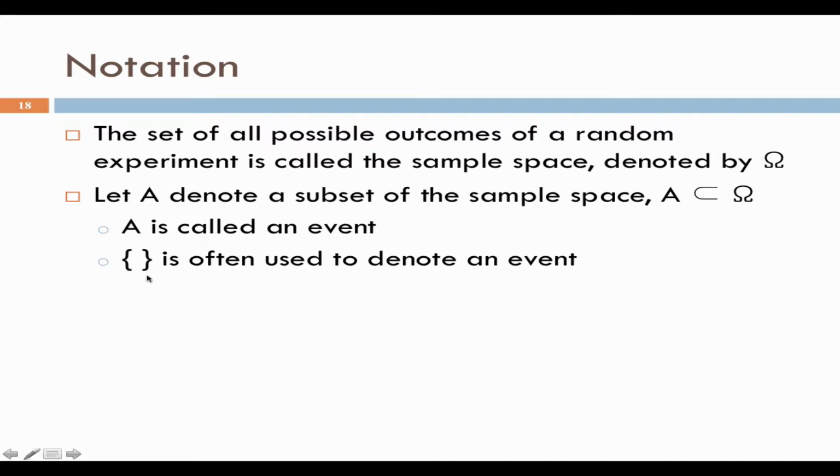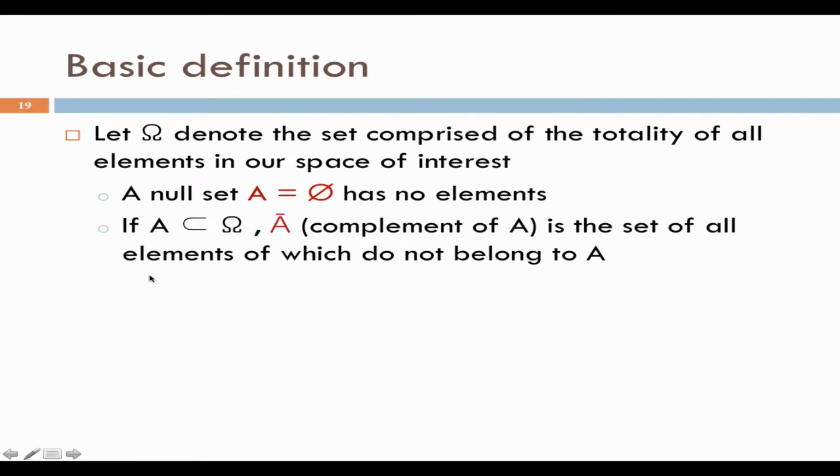And then you use this symbol, often used to denote a null set, which really represents a space with no elements. So this basically means that the space has nothing in it.